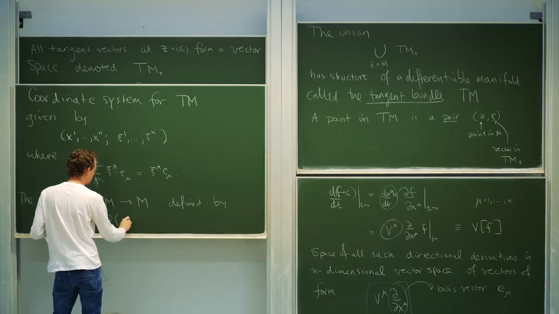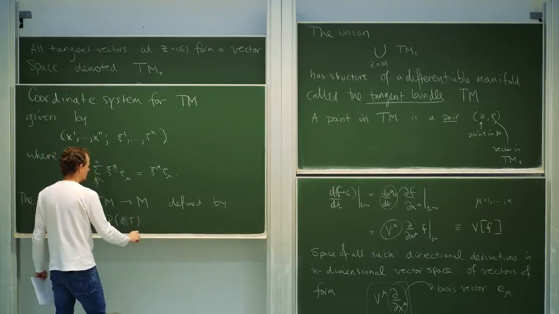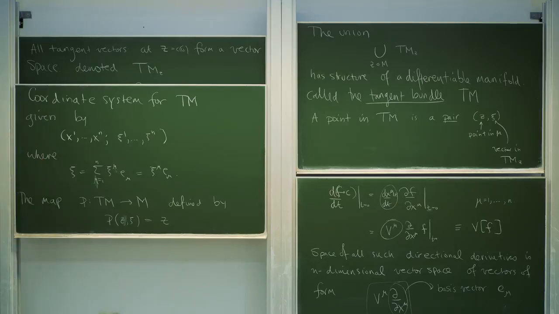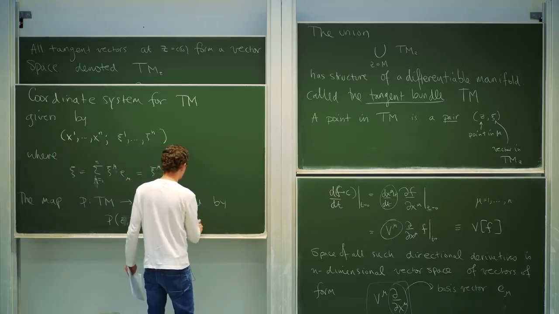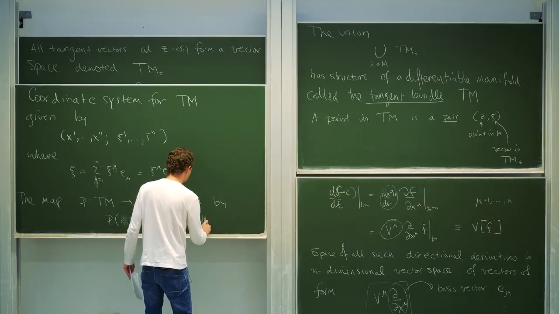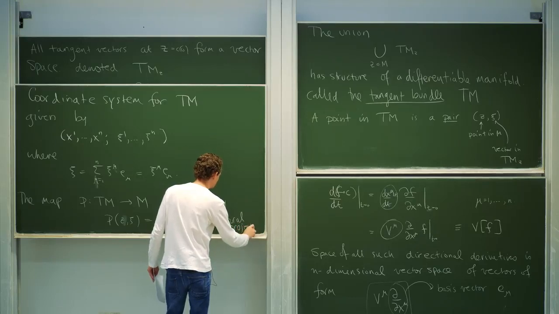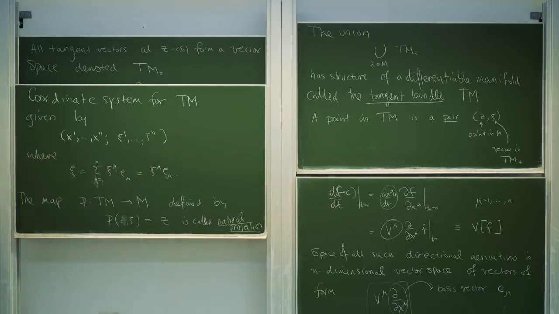Well, you give it a pair of a point and a vector, and it just gives you the corresponding point, throws away the tangent vector information. So that map is called the natural projection.